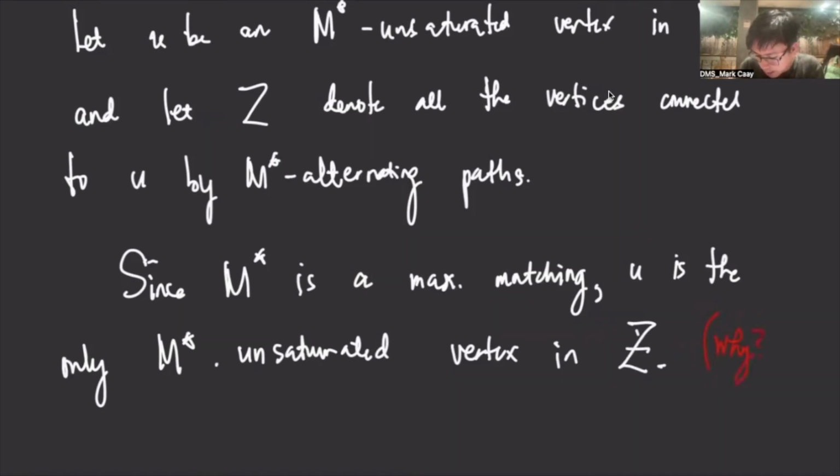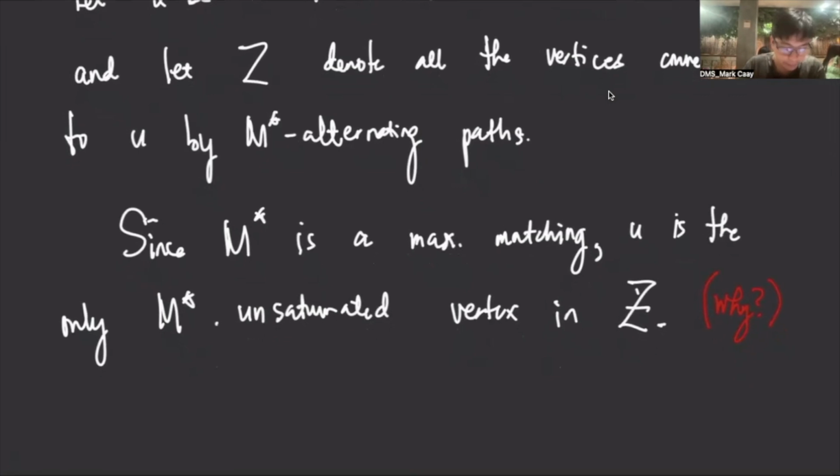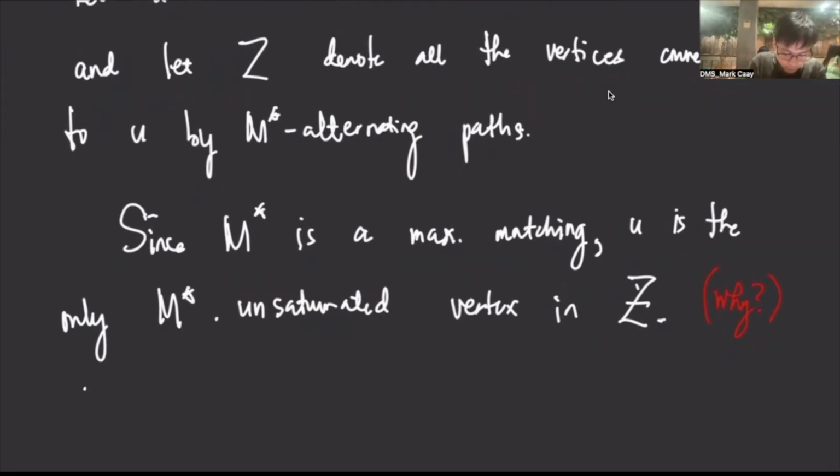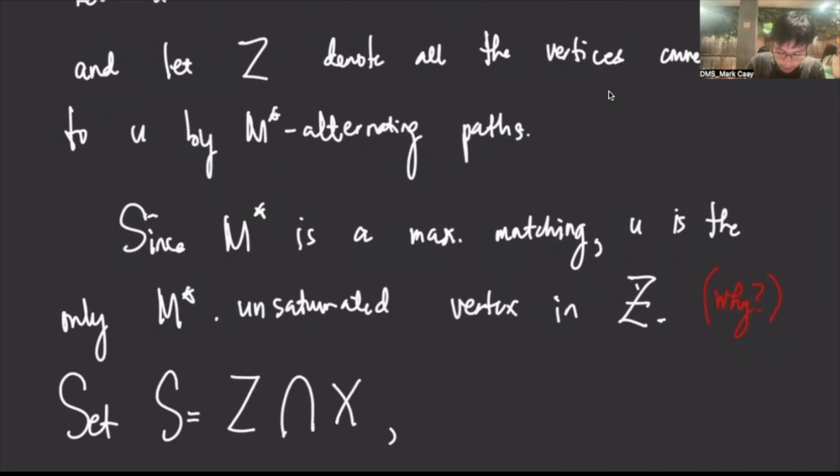In-explain natin yan sa previous video about the introduction to matching na if ever a certain matching is maximum, that will be the conclusion that U is the only M star unsaturated vertex. Okay, so we set here S equal to Z intersection X and our T here be Z intersection Y.